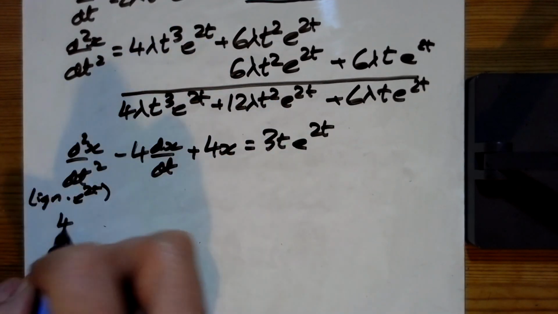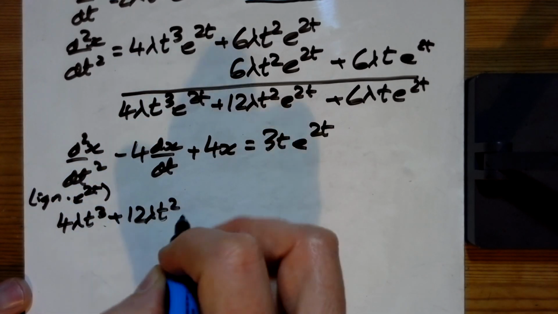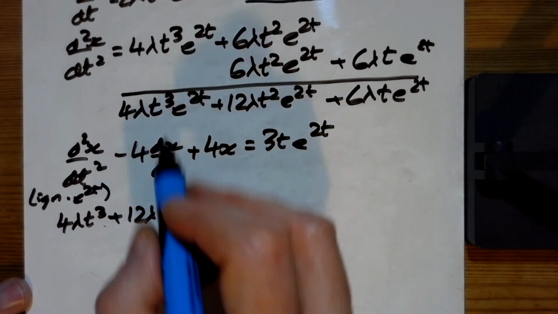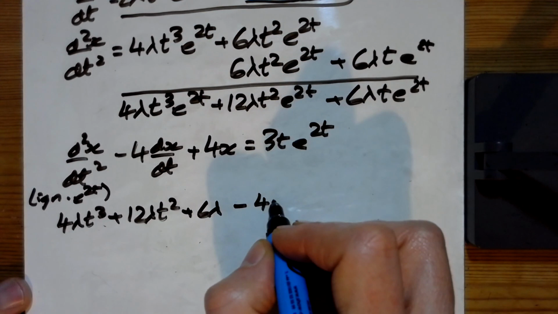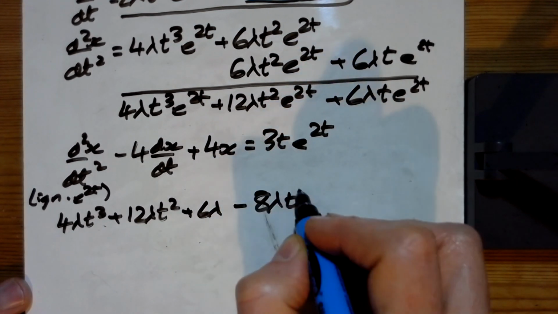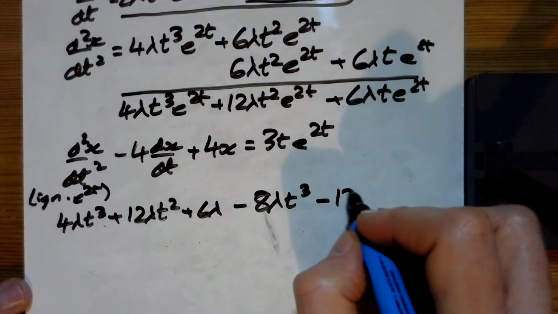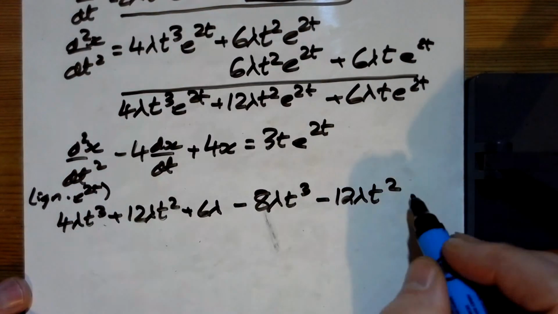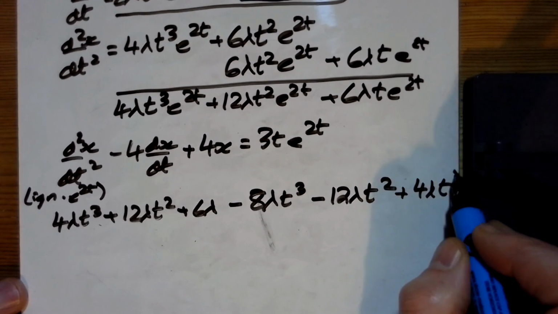So what we've got 4 lambda t cubed plus 12 lambda t squared plus 6 lambda, there's that bit, minus 4 of those, minus 4 times 2 makes 8 lambda t cubes, and I'm also taking away 4 of those, which is 12 lambda t squareds. Finally, plus 4 of the originals, so plus 4 lambda t cubes.